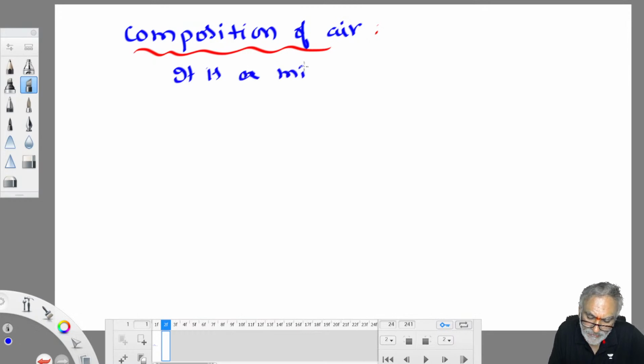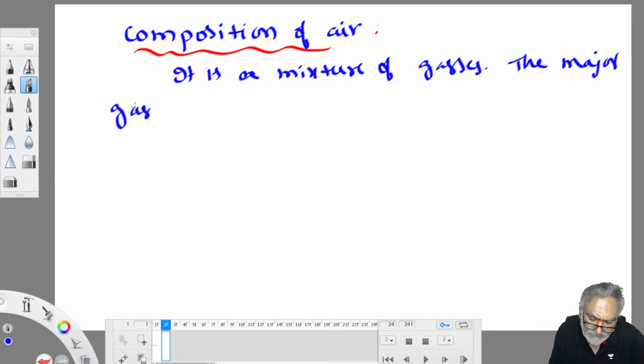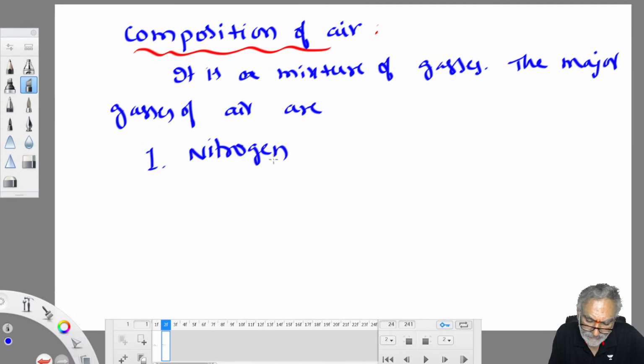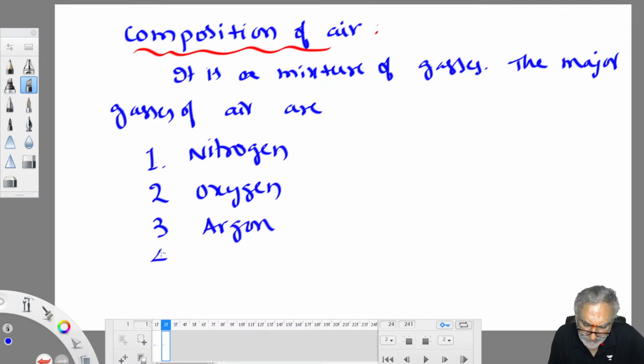The major gases of air are nitrogen, oxygen, argon, and carbon dioxide. These are the major ones.